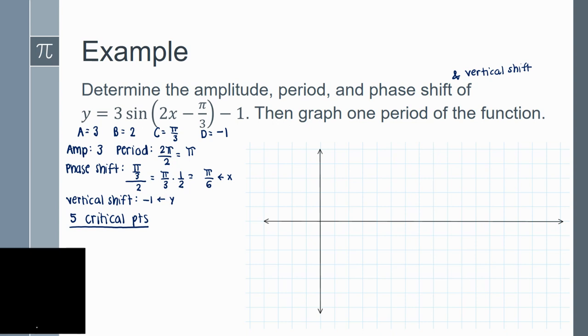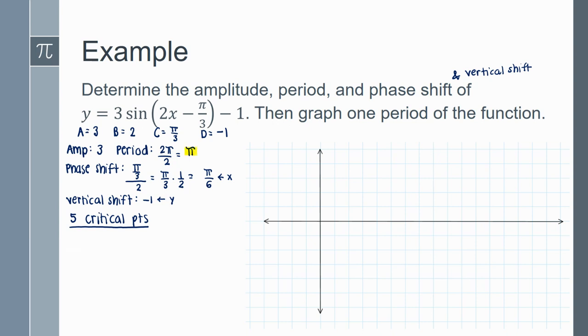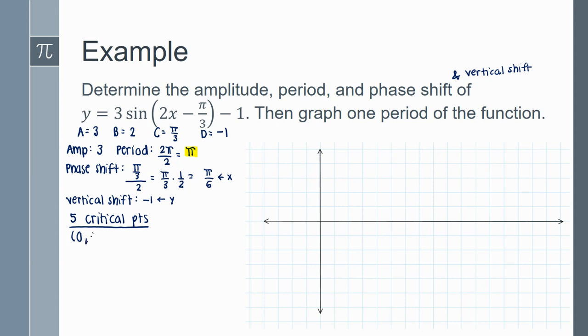All right, so notice that we are dealing with a period of pi this time. So we're also dealing with a sine graph. Remember, with the sine graph, we start at (0, 0). Now I want to take a fourth of pi. So that's going to be pi over 4. And then we want our A value. Well, our A value is 3.